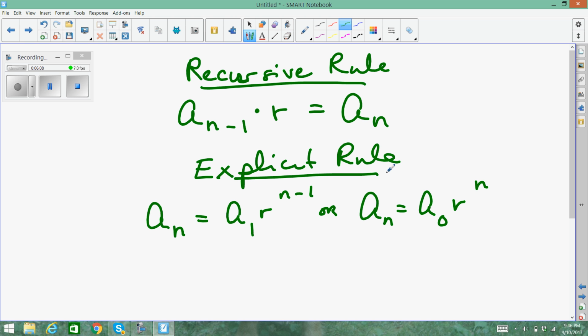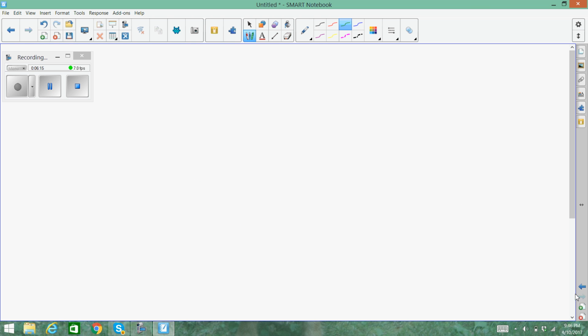So we should try applying these rules to a couple of examples. Okay, so let's try this 10, 5, 5 halves, 5 fourths example.